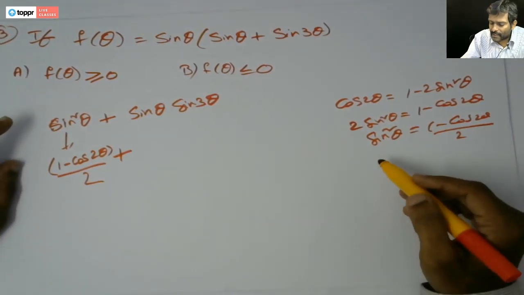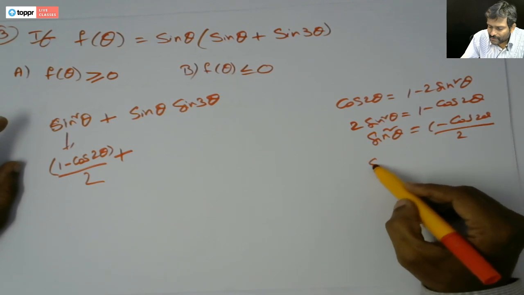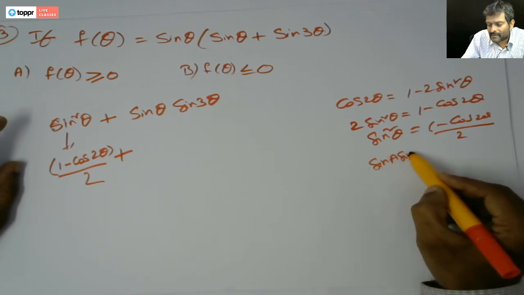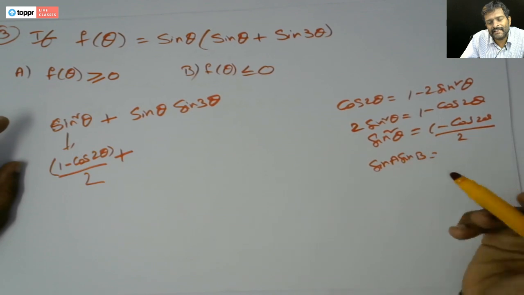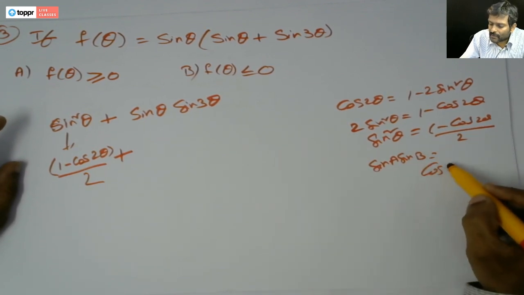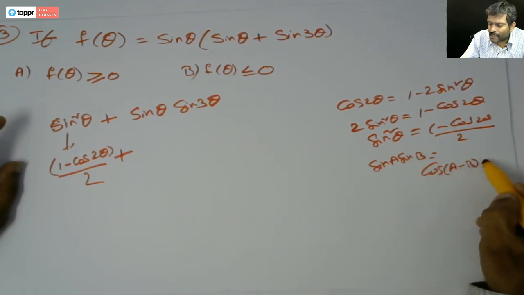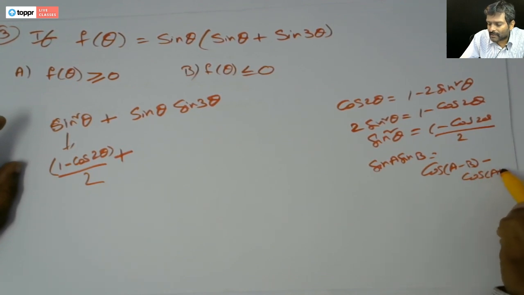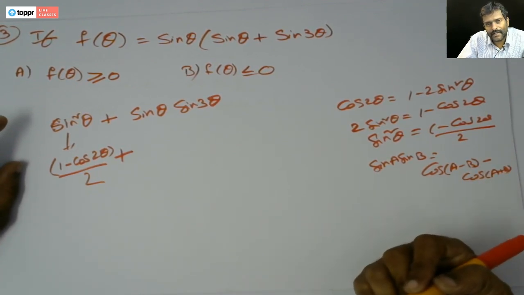Now see, earlier we discussed, like sine A sine B. If I want sine A sine B, what is it? It is cos A minus B minus cos A plus B, right? Did we discuss this?